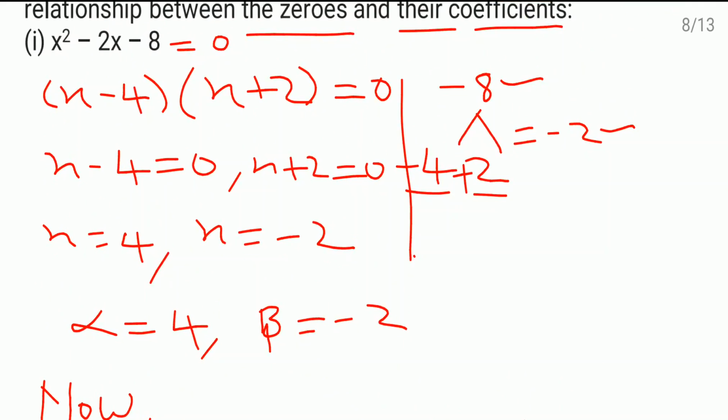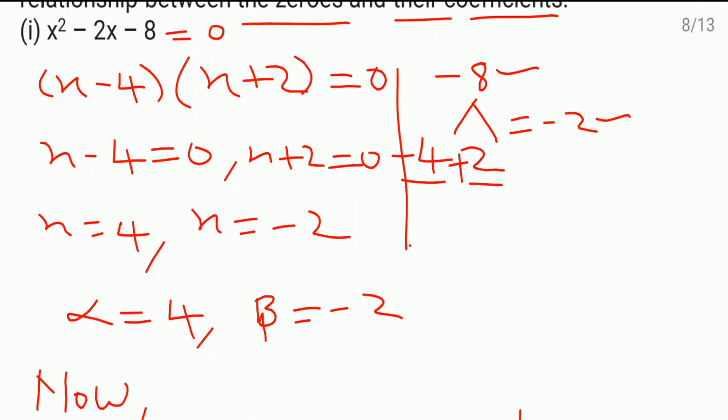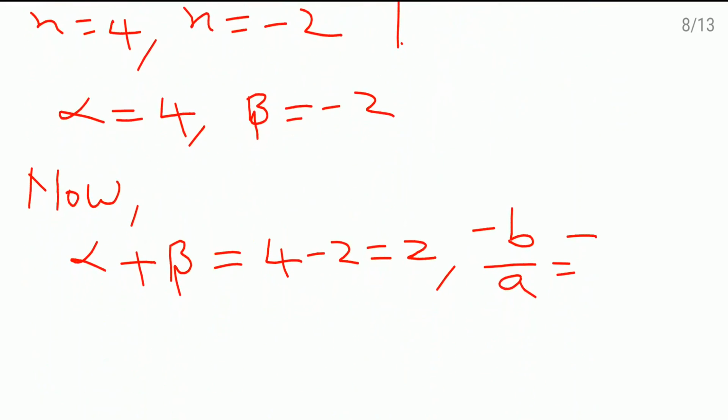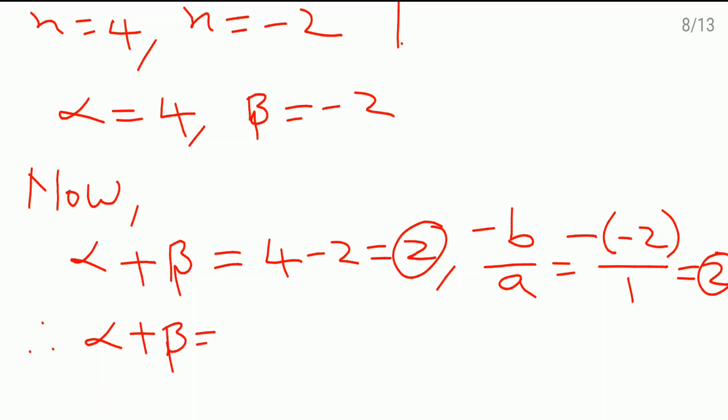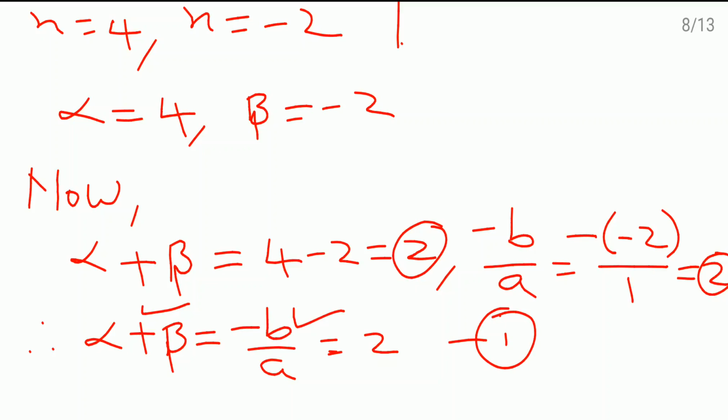And coefficient of x square is 1. So here I will write minus, and at this place minus 2, coefficient of x square is 1, which comes as 2. Look at these two values. Both the values are same, correct? So therefore alpha plus beta is equal to minus b by a, which is equal to 2. I will name it as 1.